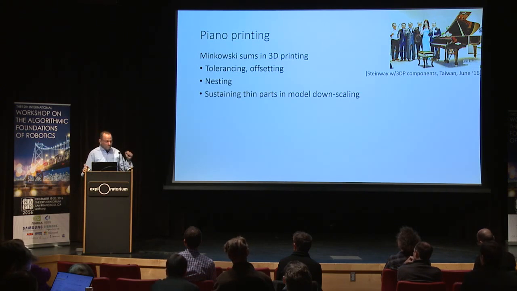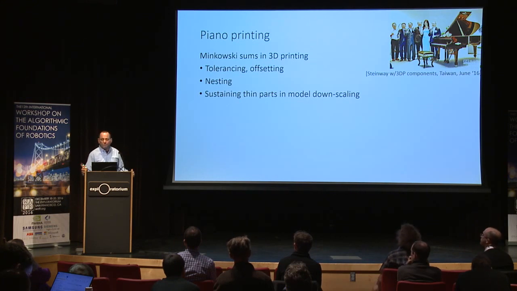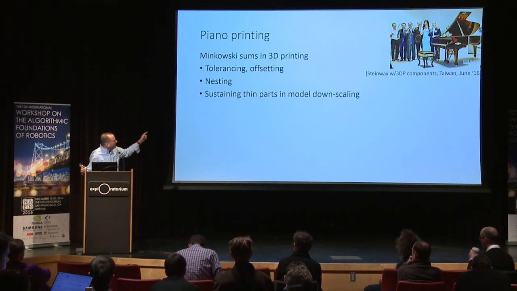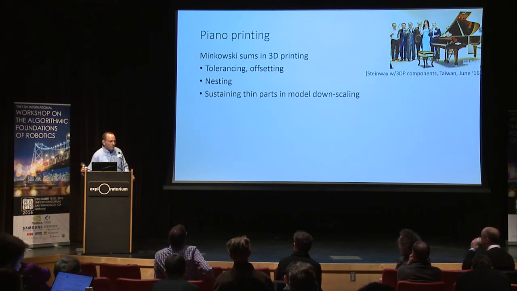And printing takes a lot of time and costs a lot of money. And you want to pack the printing volume as well as you can, with as many objects to be printed as you can. But you also have to obey rules of the printing, and you have to keep distances between the objects. And here Minkowski sums come into play.